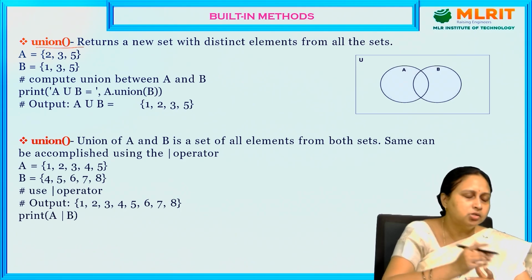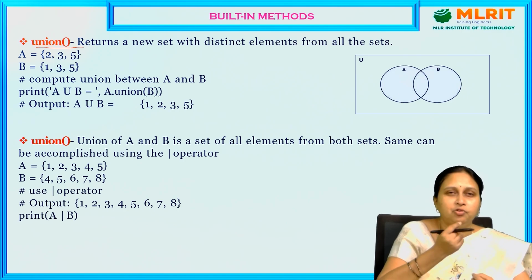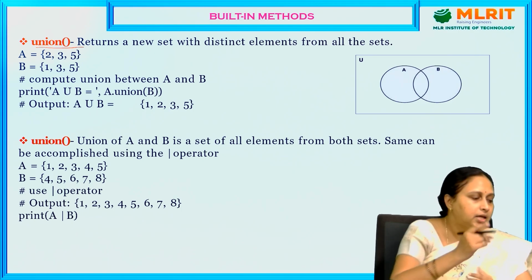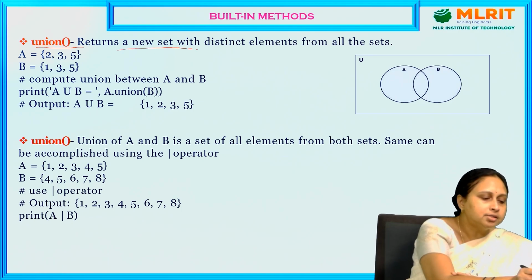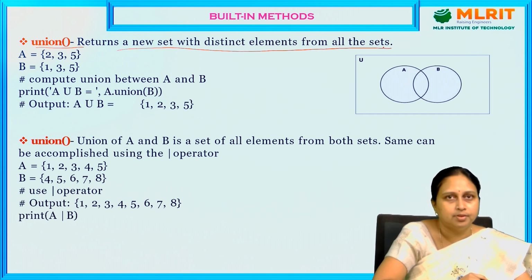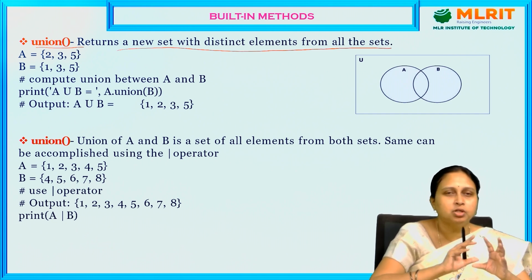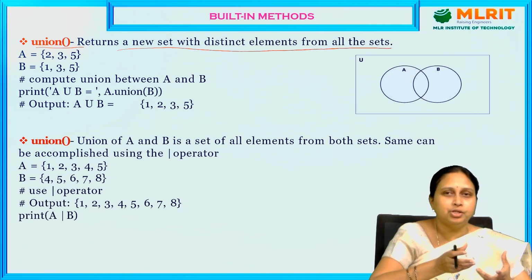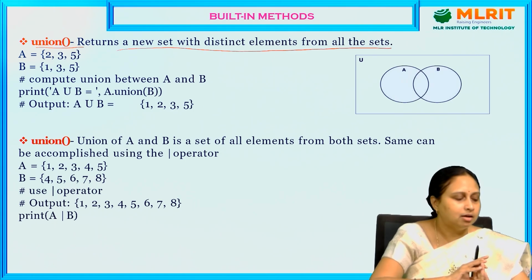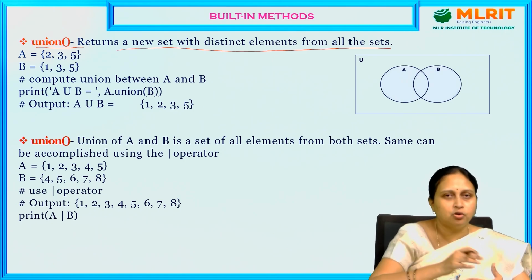Here also we do the same, but what different symbols or operators we use for union, we will see. The union function returns a new set with the distinct elements from all the sets. If you have given 2 sets, all the elements among those 2 sets will be combined and written as a single set of elements.